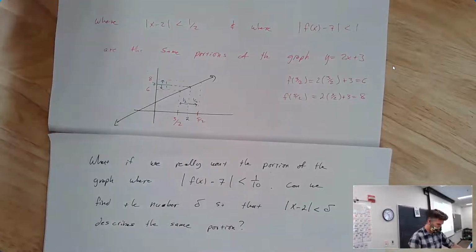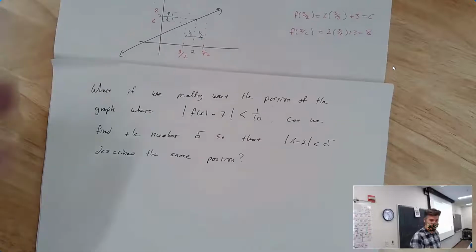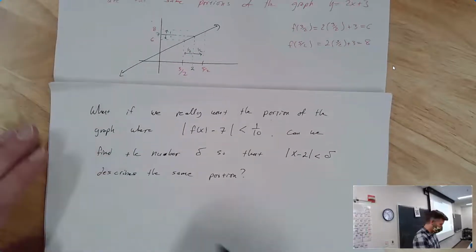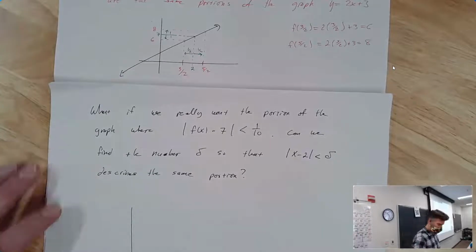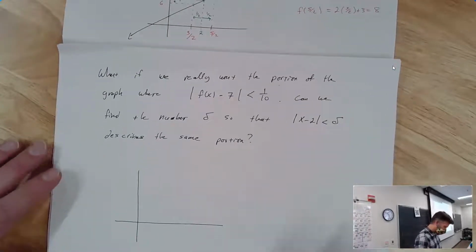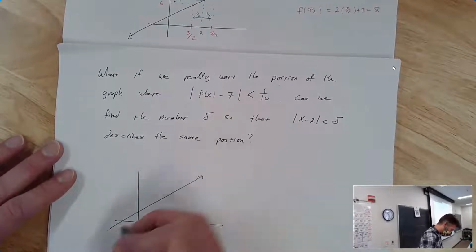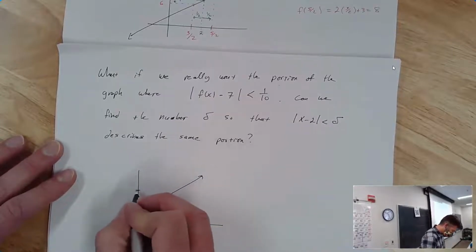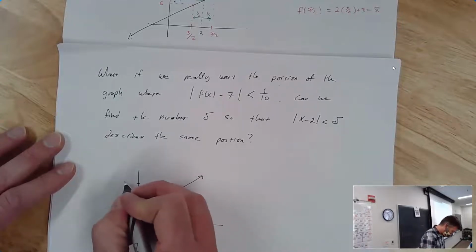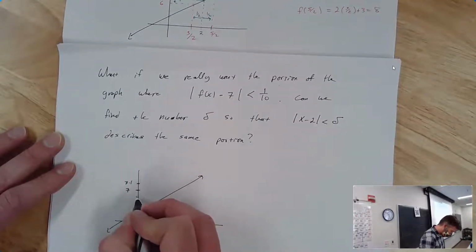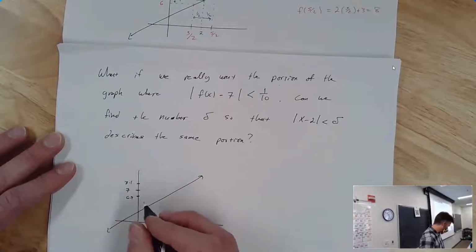So graphically, we're looking at the same thing here. We're just narrowing our bounds. So here's 7. We want to be as high as 7.1, as low as 6.9.